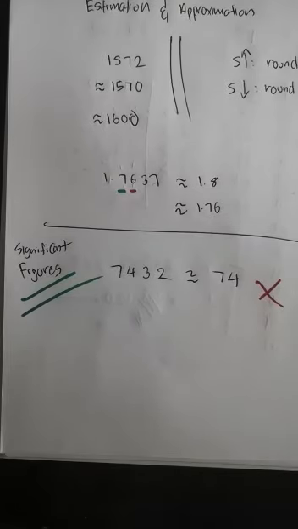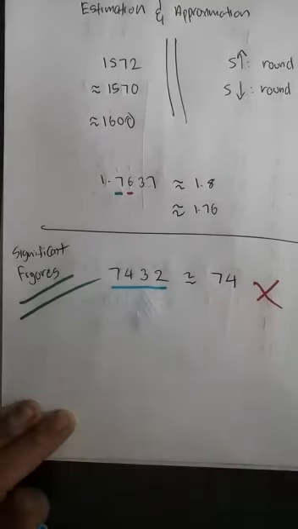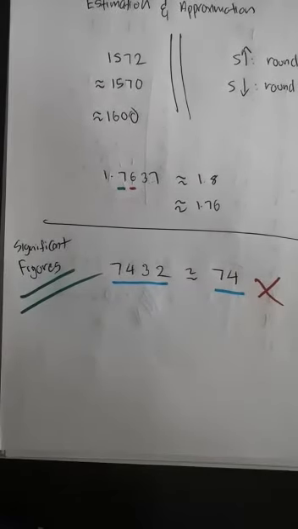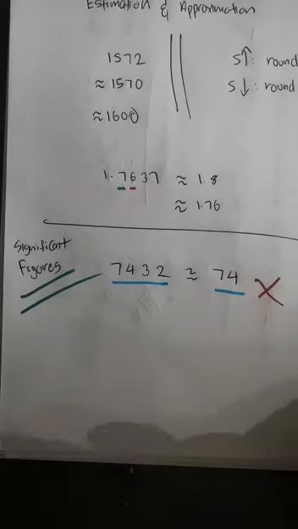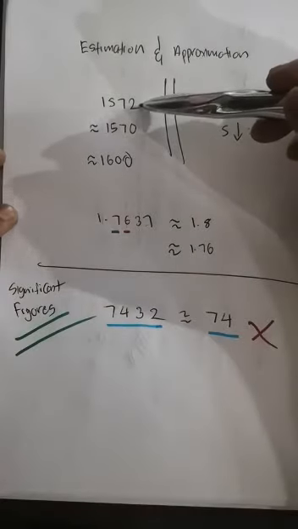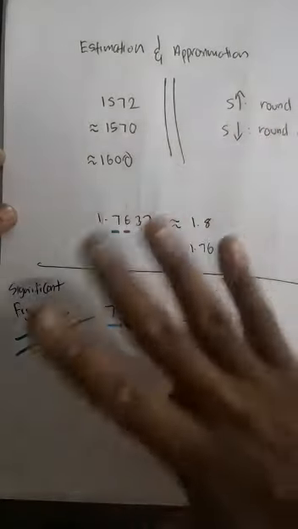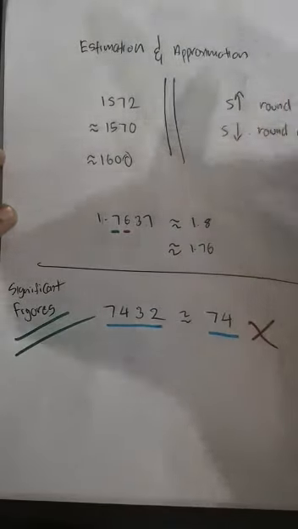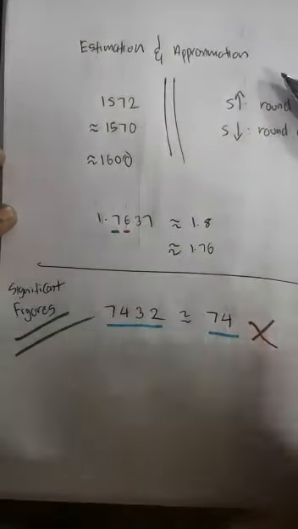When you look at 7432 and also 74, it's two totally different numbers. It's so far off. Okay, let's go back on top. When you look at 1572 and 1570, it's somewhere close. When you look at 1572 and 1600, it is close.